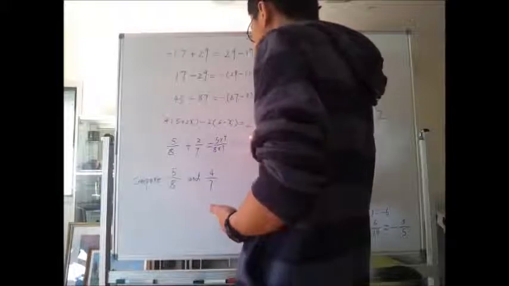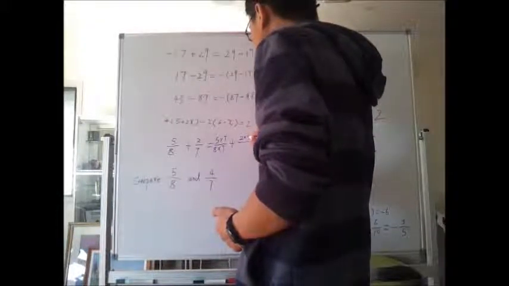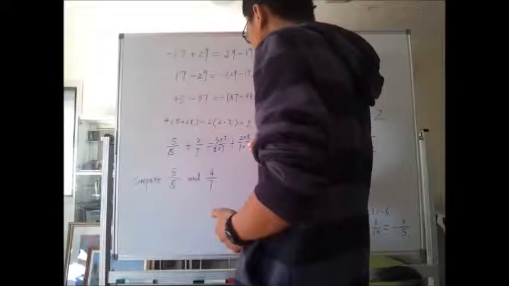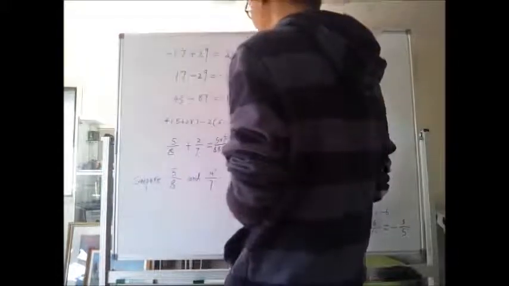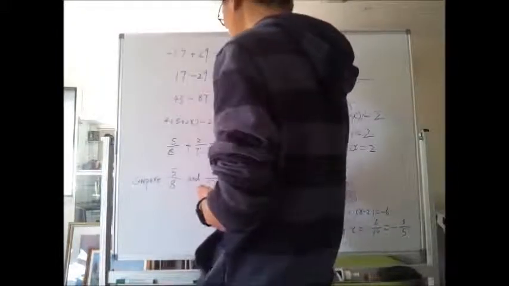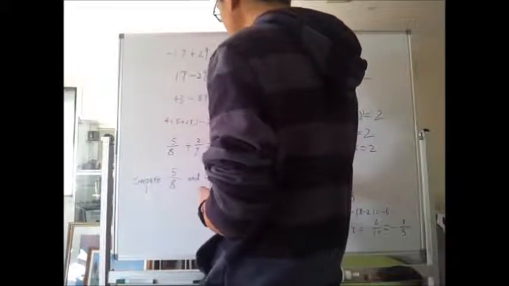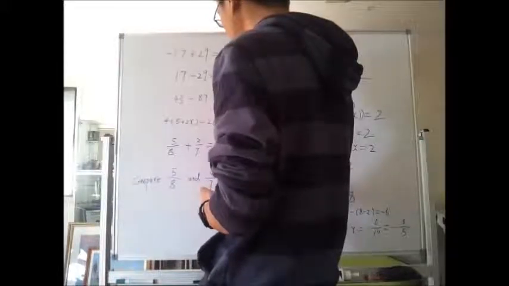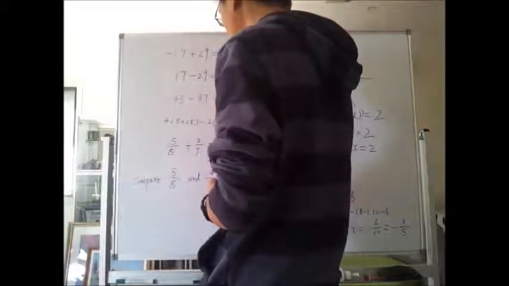Similarly, for second term, we times 8 for the numerator and denominator. So we have 5 times 7 equals 35. 8 times 7 equals 56.